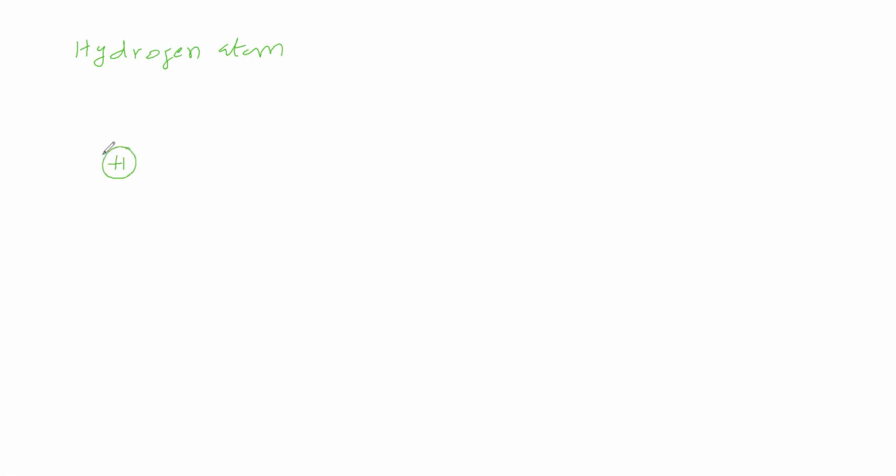If electron is in first level, what is its energy? That value we will find. So energy is equal to minus 13.6 Z square by N square electron volt per atom.